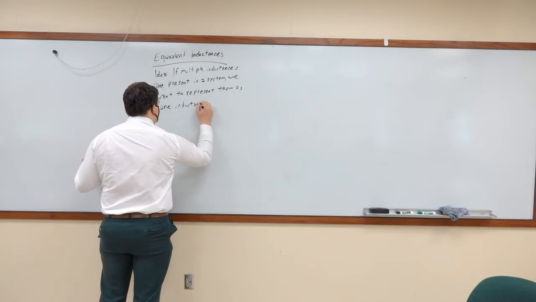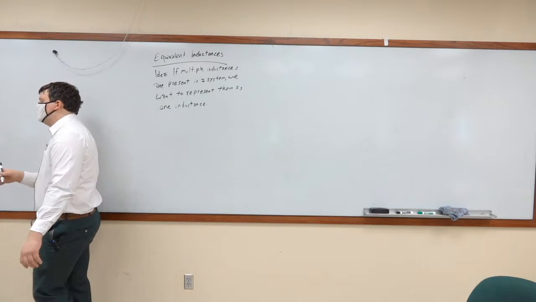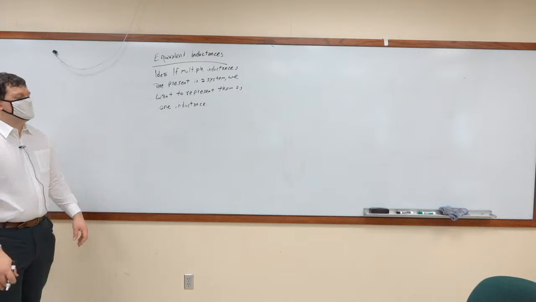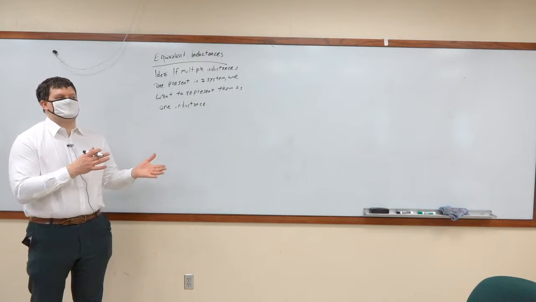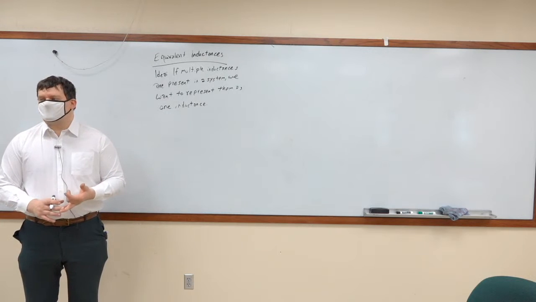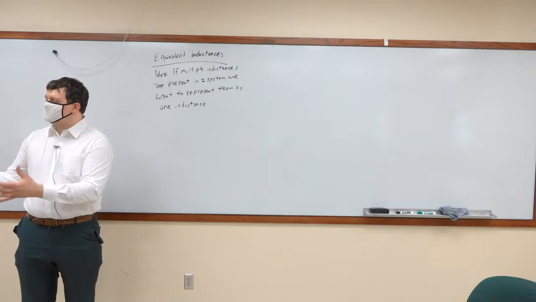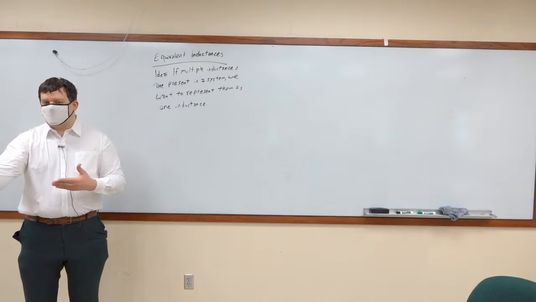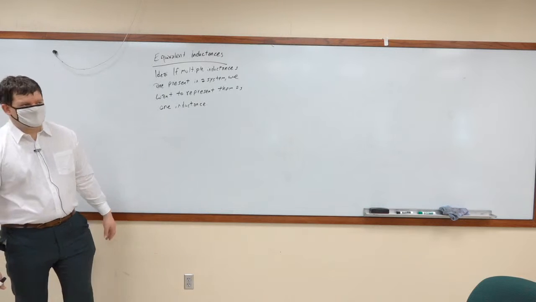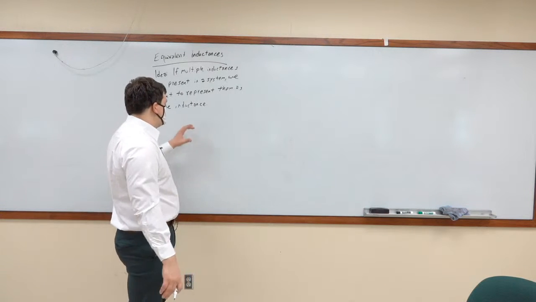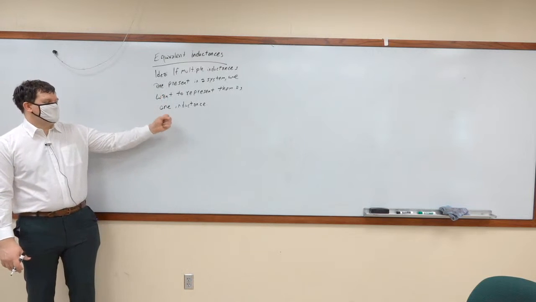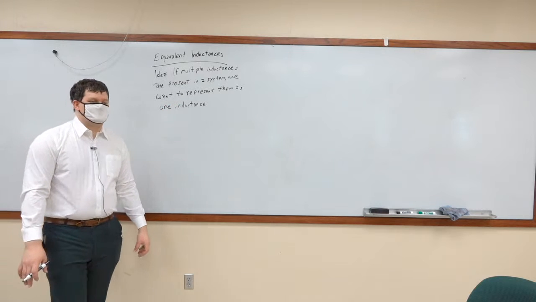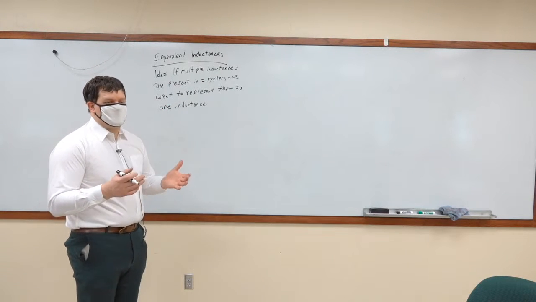Because that allows us to figure out current flows, voltage flows, power, all of those things that are coming out of a power source. Because remember, the power source either provides a voltage or current, but it does not know how much power it is providing. It actually looks forward into the system and says, here's how much power I have to provide before it does anything. So it depends on the circuit how much power it provides. So in order to figure out how much power it's providing, we need to know what the circuit's general behavior is. So having an equivalent inductance would allow us to do that.